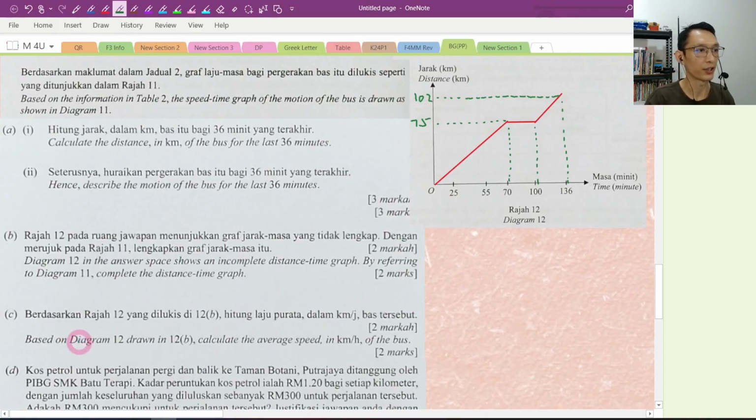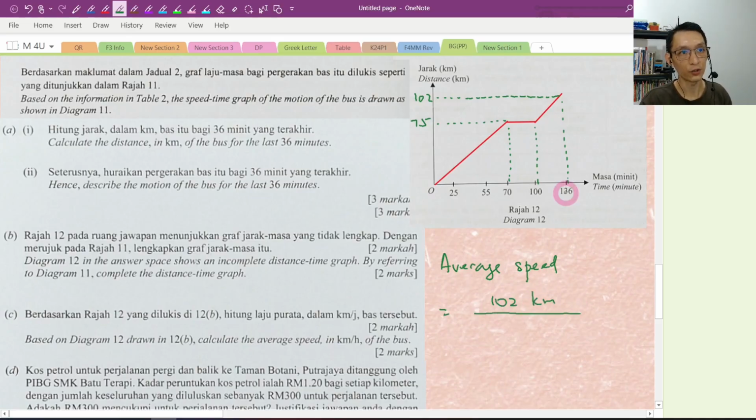Now we go to part C. Based on the graph, based on the diagram, calculate the average speed in kilometer per hour of the bus. Again, average speed, total distance traveled divided by total time taken. Total distance traveled is 102 kilometer.